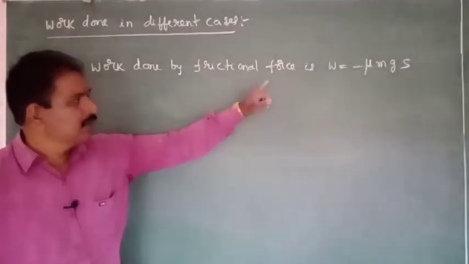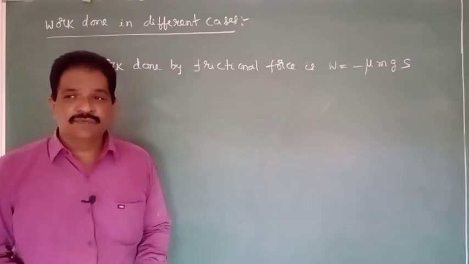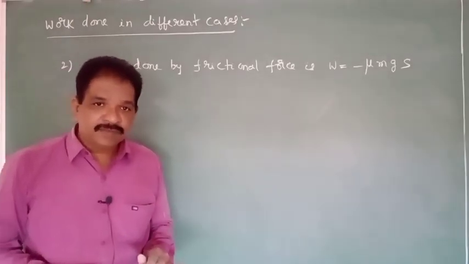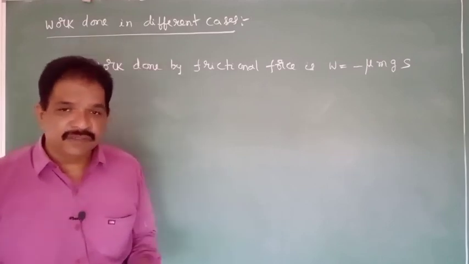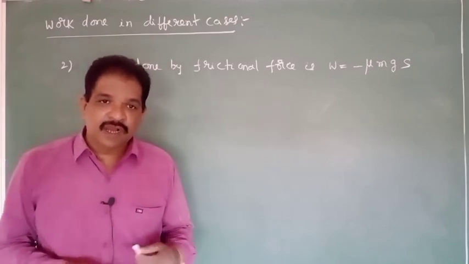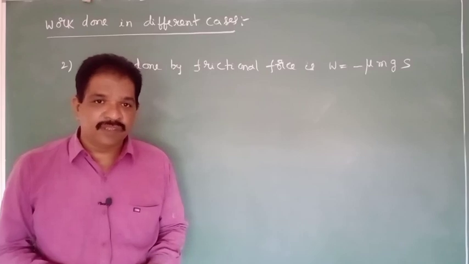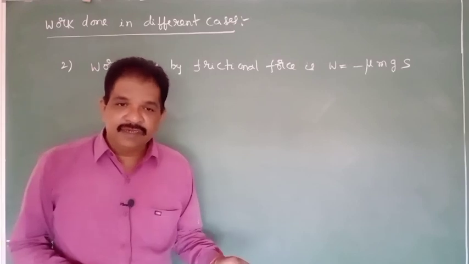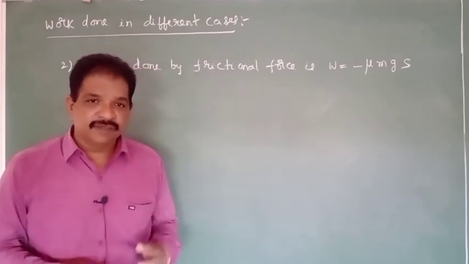This is the formula. What is meant by frictional force? It is the force which opposes the motion of the body. That will be called the frictional force. Detailed description will come in the coming lessons.